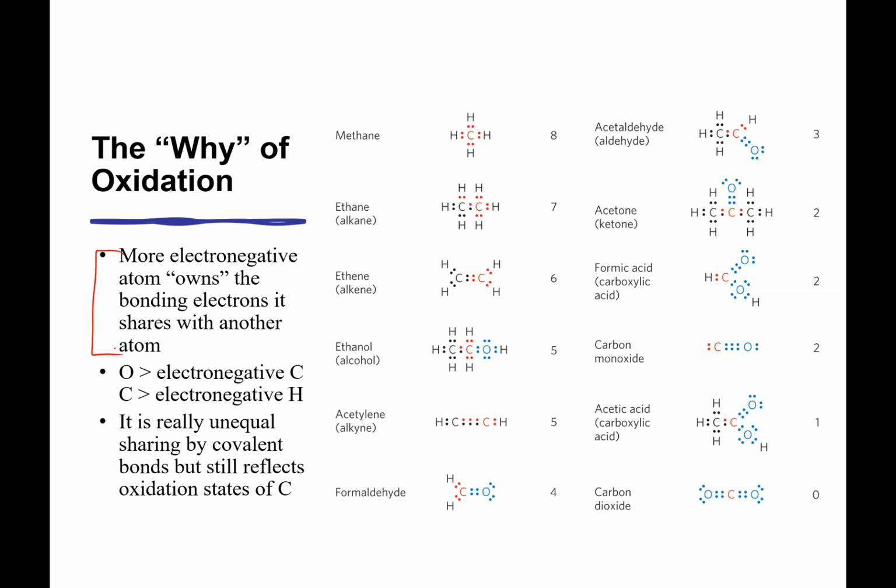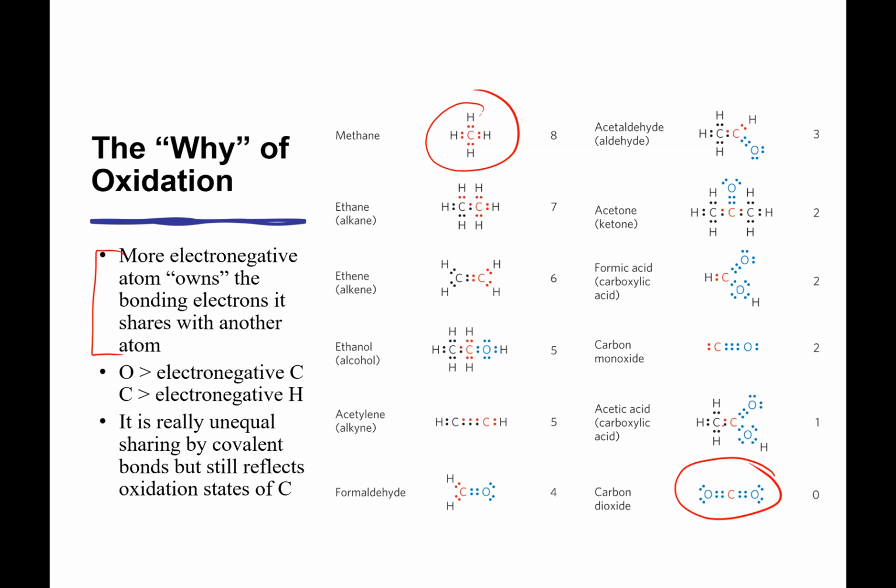These are organic biological molecules. So in the case where carbon is sharing with hydrogen, it is owning the electrons, right? In this most opposite and extreme case, where carbon is double bonded to two oxygens, oxygen is owning the electrons.